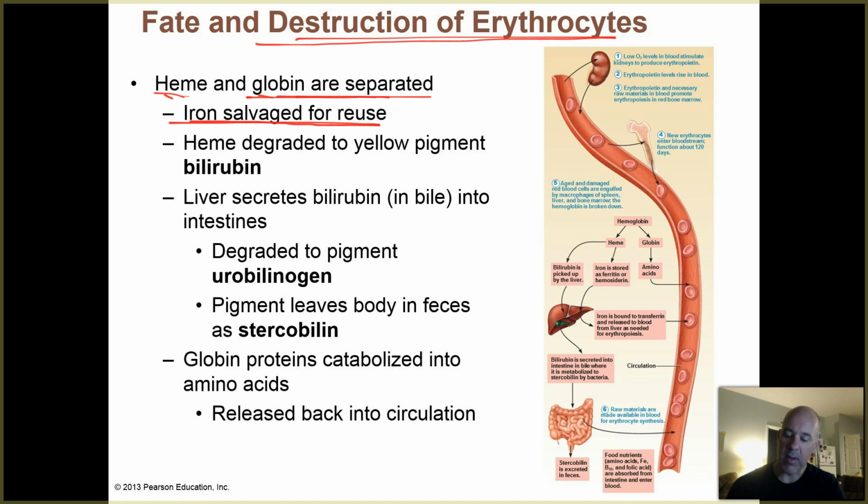The heme portion of hemoglobin undergoes some chemical reactions and becomes a yellow pigment called bilirubin. So that's derived from heme. Now, you've seen that before. If you get a bruise right underneath the skin, sometimes it'll look yellow for a while before it clears up.